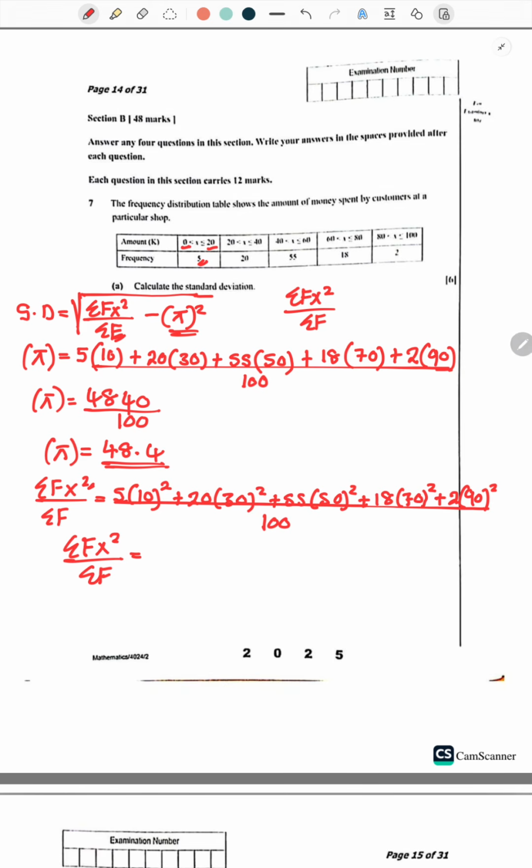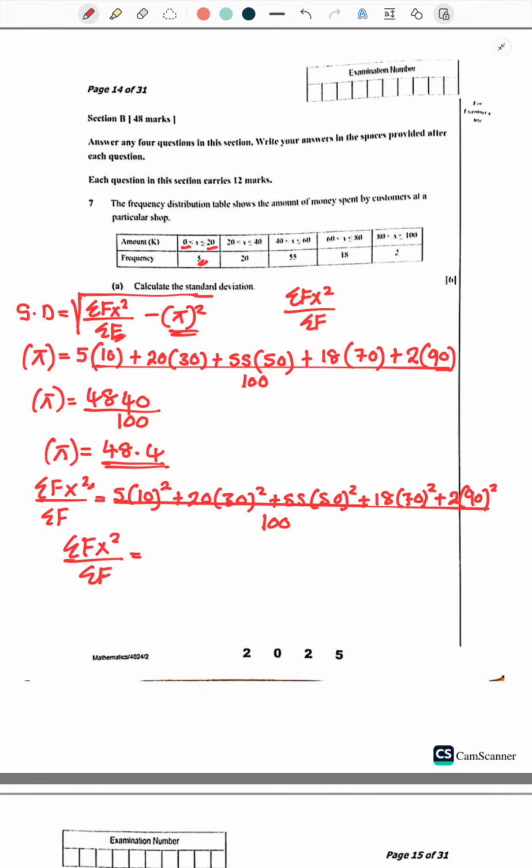So it will be 5 open bracket 10 to the power 2 plus 20 open bracket 30 to the power 2 plus 55 open bracket 50 to the power 2, like that, plus I have 18, I open the bracket, then 70 to the power 2, plus 2, you open the bracket, you put 90 inside to the power 2.